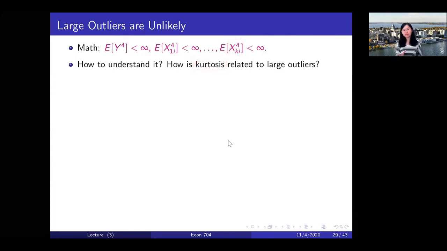Kurtosis is not exactly the fourth moment, but when the fourth moments are finite, the kurtoses are also finite. You can look up the definition of kurtosis, which is not very important. It's just the way that we refer to the fourth moment. So how is the kurtosis related to large outliers?